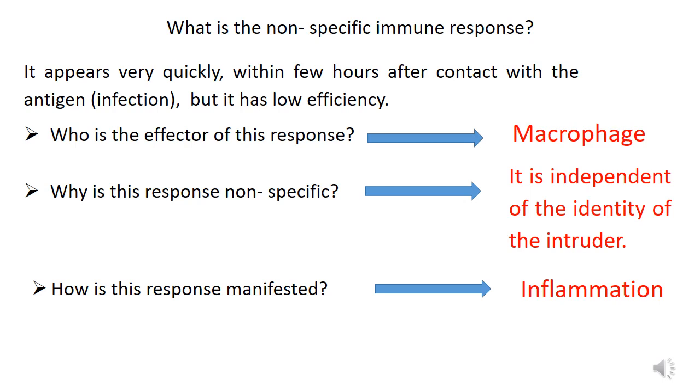Who is the effector of this response? It's the macrophage. And why is this response considered non-specific? We're going to see that it is independent of the identity of the intruder. How is this response manifested? By a process that we call inflammation.